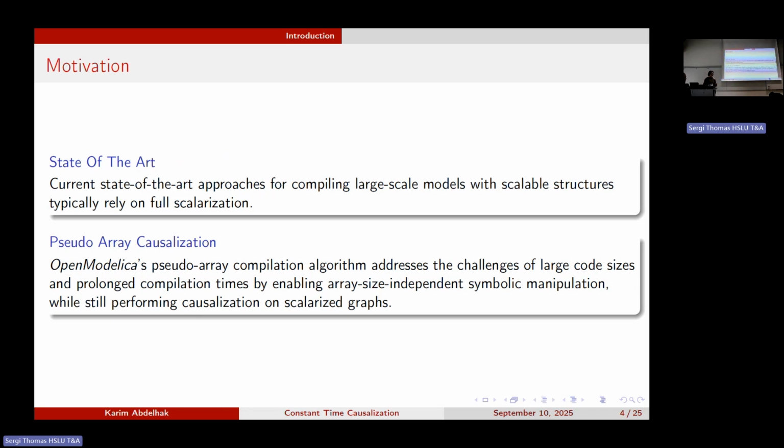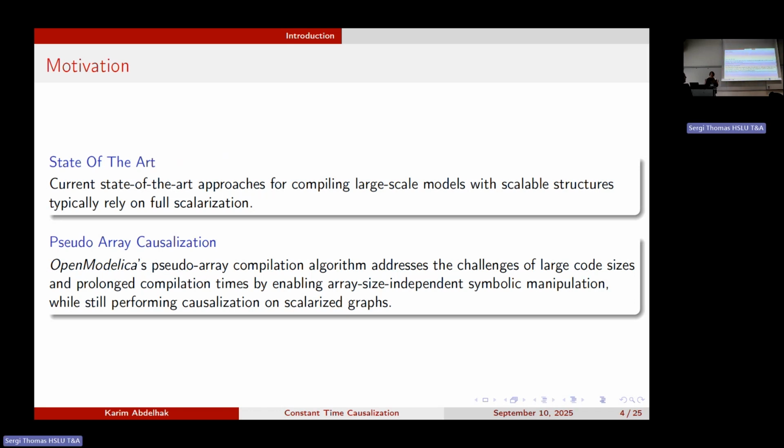So differentiation and optimization processes, everything stays in the array world. The only thing that is still scalar is the underlying bipartite graph and directed graph to solve causalization, sorting and matching.